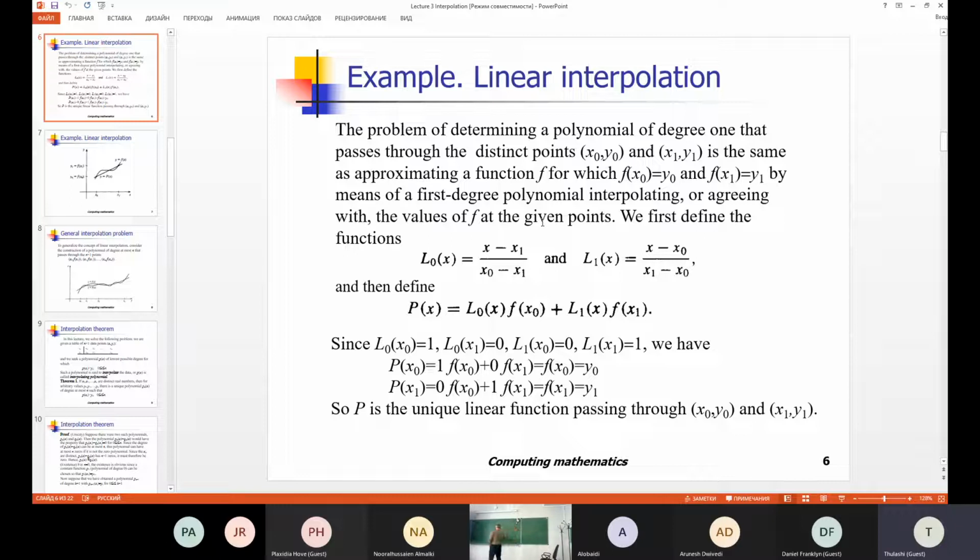But the question is how to find p of x, the formula for the polynomial, where x is a variable. X is a variable, but not a fixed value.